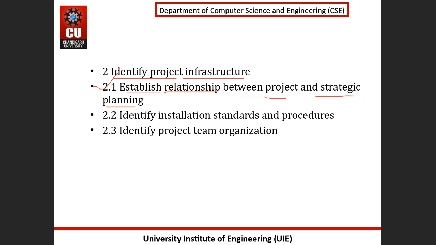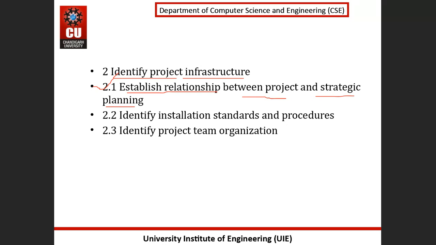So now we have a project, we have its objectives. Now we will create a strategic plan to implement that project. So now we need to create the relationship between the project and strategic planning. So under this, how project portfolio management supported the selection of the projects to be carried out by an organization.